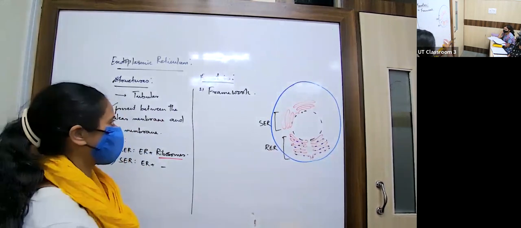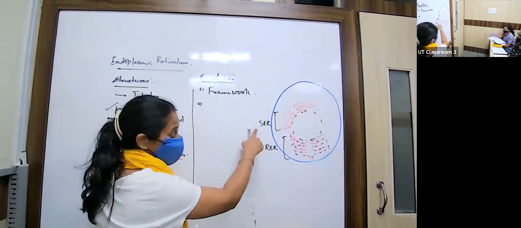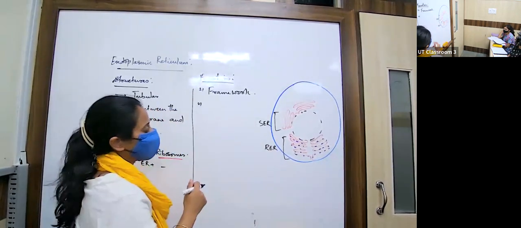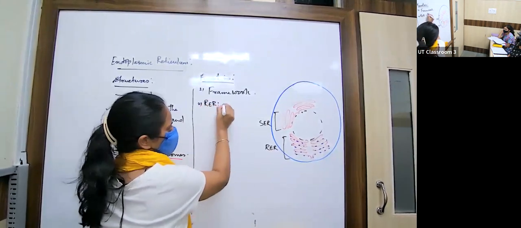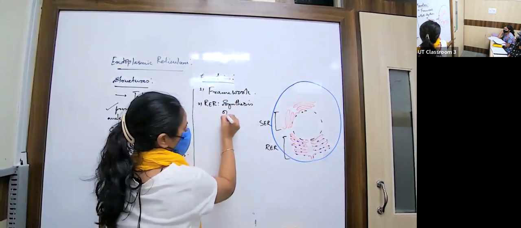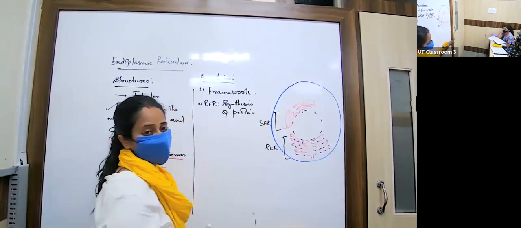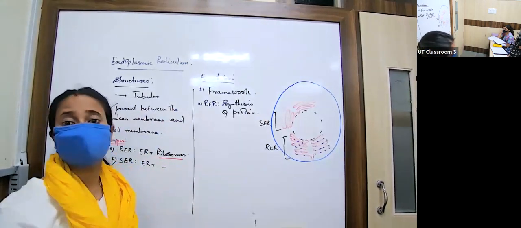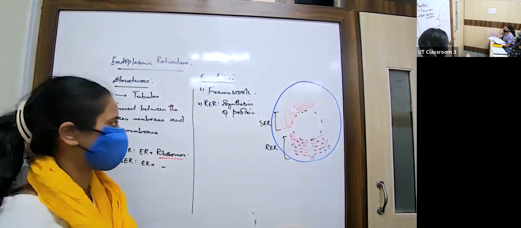Structural framework. Next, we try to understand the basic functions of this and then further. RER, basically if I write, what is the function of RER? It helps in the synthesis of protein. What is the meaning of synthesis? Formation, production. Synthesis means production, formation of proteins.